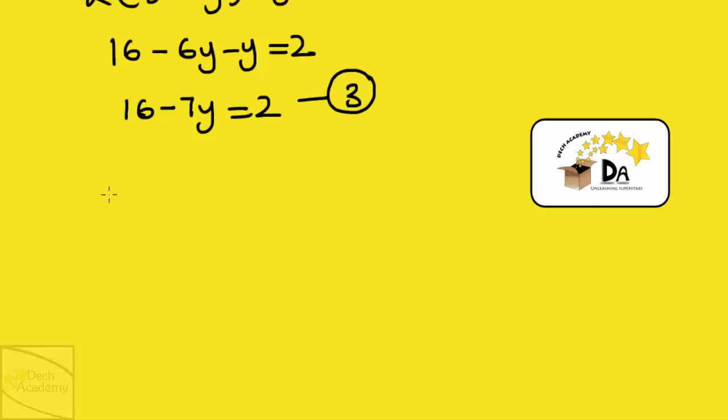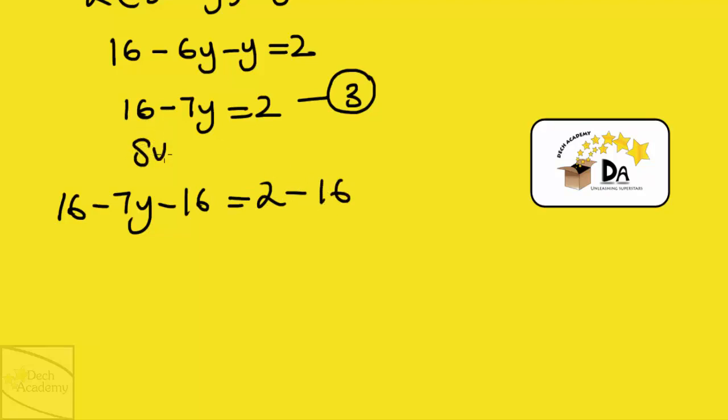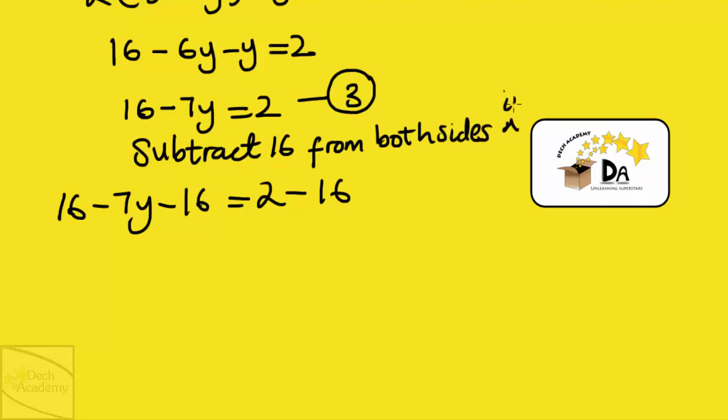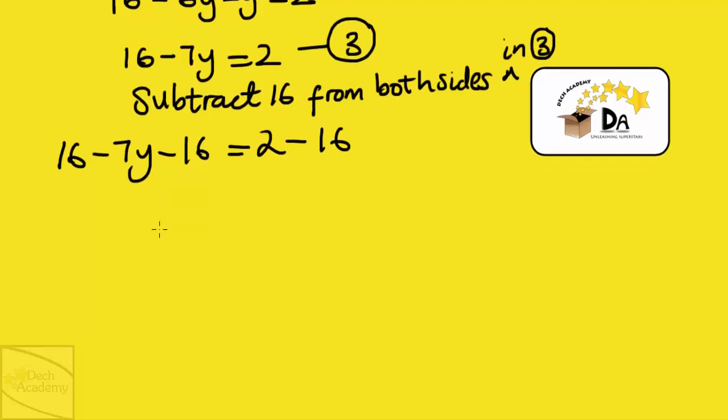So just starting from equation 3, get rid of 16 by subtracting 16 from both sides. Well, let's do it the long way. So I'm going to write, actually, subtract 16 from both sides in equation 3. This gives this, which you can simplify.